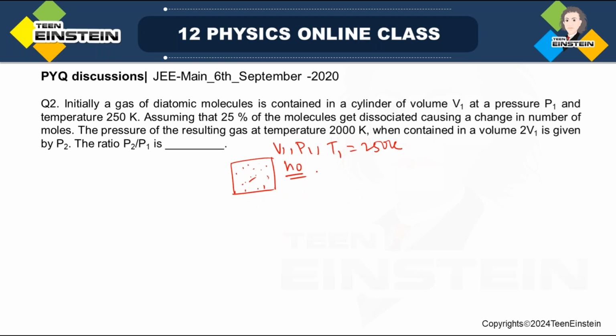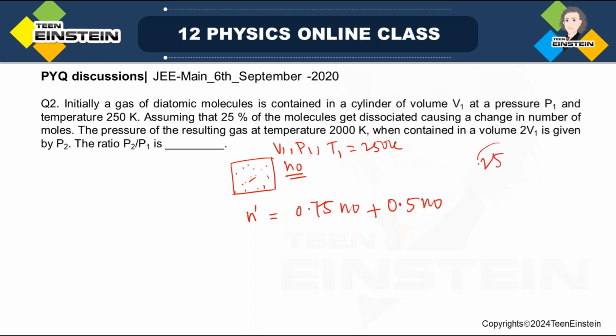Now when it gets dissociated, suppose 25% of molecules have dissociated. So we can write the total number of moles n prime will be 0.75 n0 plus 0.5 n0.